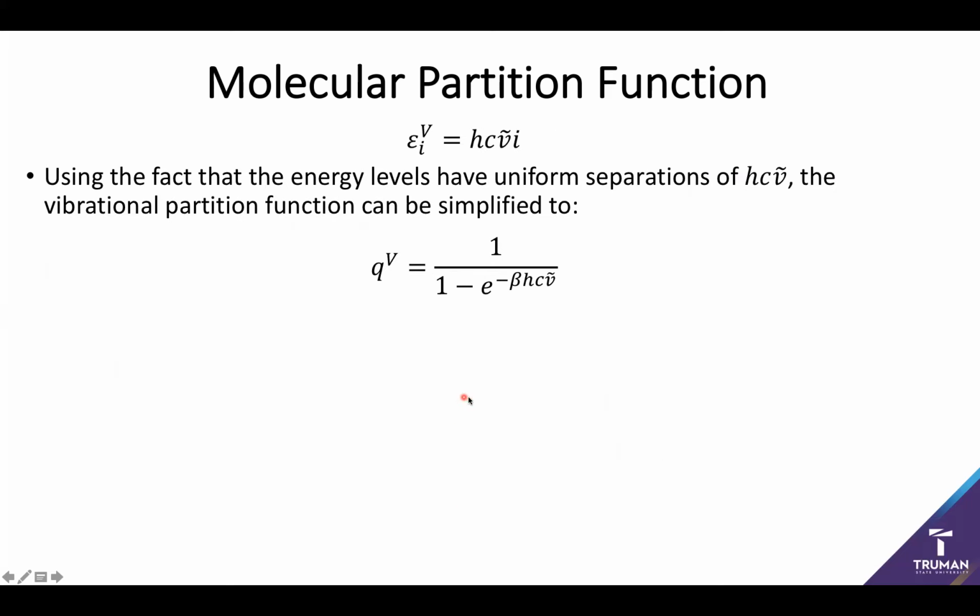However, one thing worth noting is that because we have uniform separation between the vibrational levels, it's actually possible to simplify our vibrational partition function from a simple sum to the form of 1 over 1 minus e to the negative beta times the separation of our energy levels, using again another trick of linear expansions.